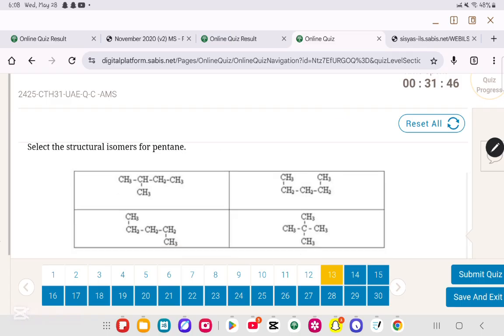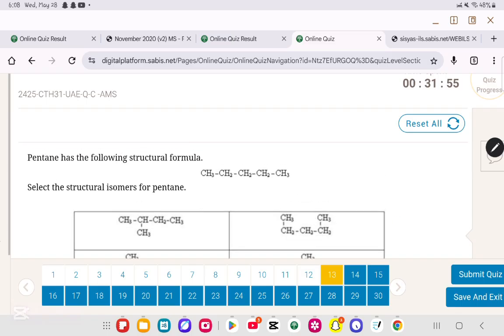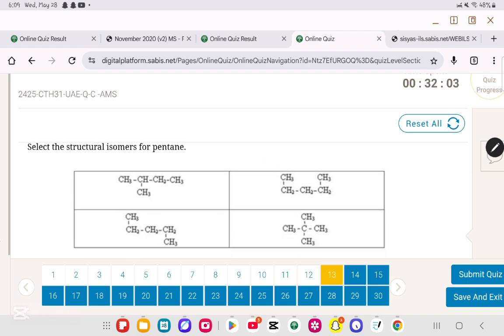So let's see the answer options. You have this one. It works as an isomer. Why? Also, another important thing I forgot to mention is that for the isomers, it should have the same number of carbons. So you have 1, 2, 3, 4, and 5 carbons. That means the structural isomer should have 5 carbons. This has 5 carbons, and the branching is not on the terminals, so definitely it's an isomer.